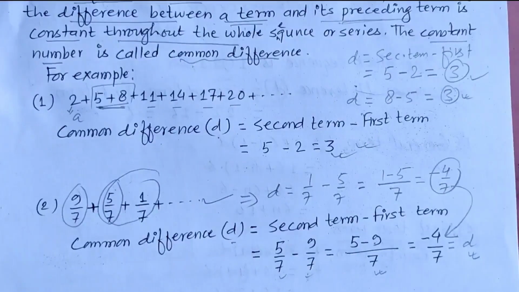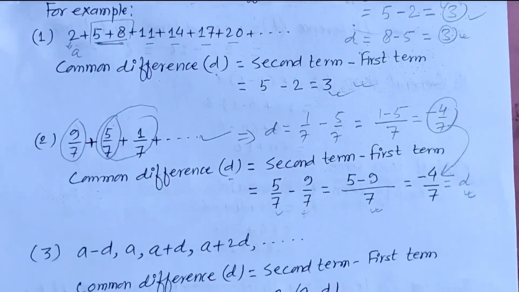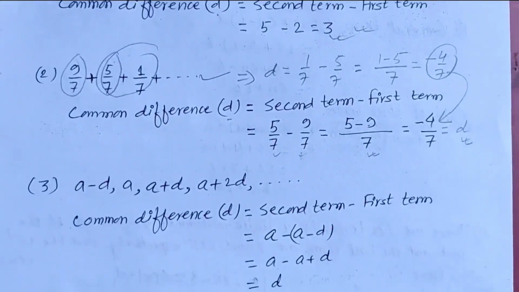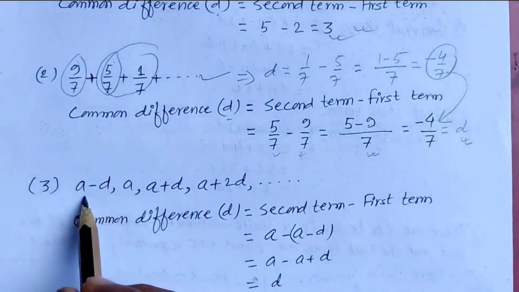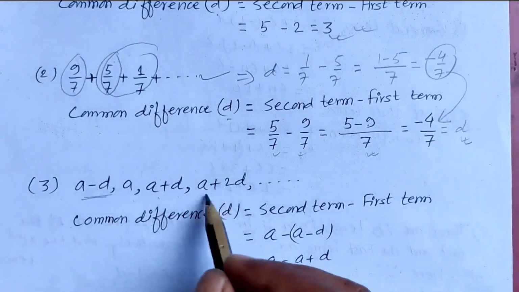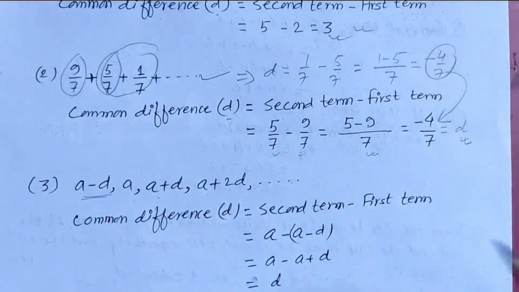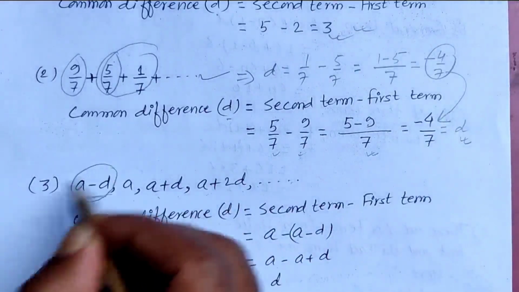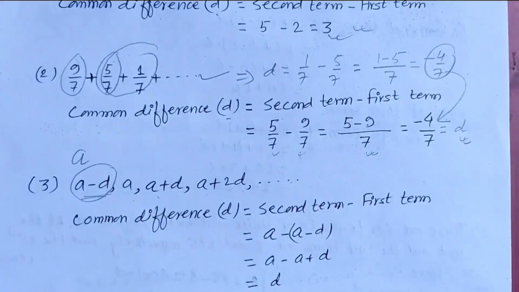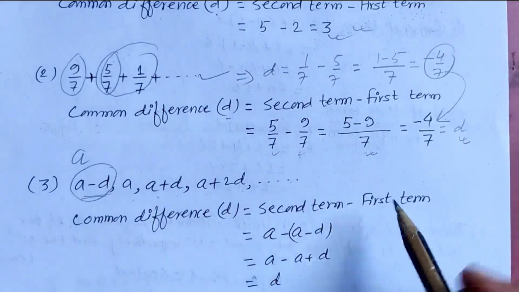Similarly, you can find the common difference for another sequence, which is given as A minus D, A plus D, A plus 2D, ... Here A minus D is the first term, and we have the formula common difference D is equal to the second term minus the first term.